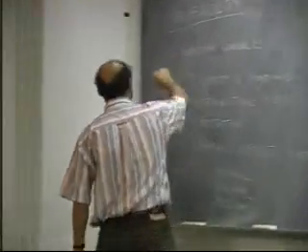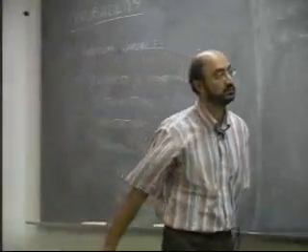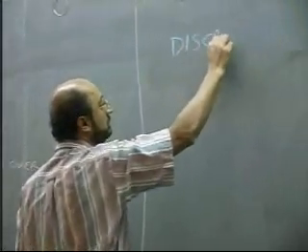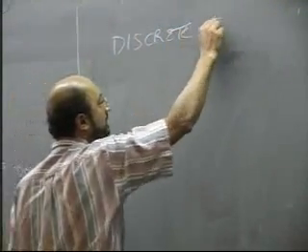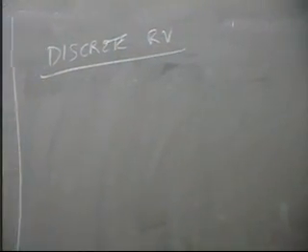So there are two kinds of random variables, the discrete and the continuous, depending on the domain. Okay, so a discrete random variable is very simple.